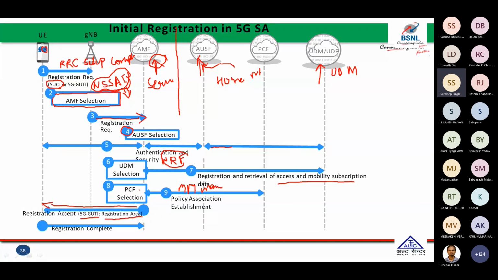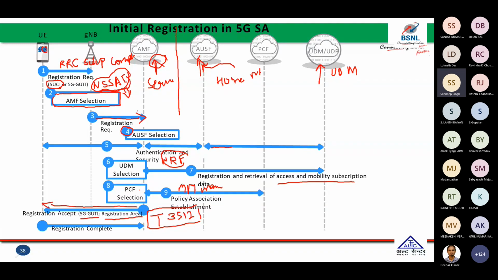That periodic registration area update is initiated by the AMF only, so that it updates the current location of the UE in that AMF.